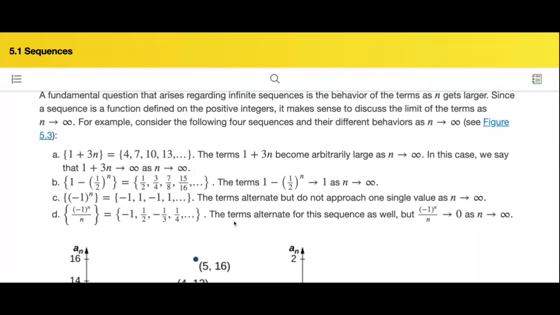The term also alternates, but because the denominator becomes bigger and bigger, the term goes to 0, even though this is an alternating sequence. So some alternating sequences like C don't approach anything, but this one approaches 0 as n approaches infinity.